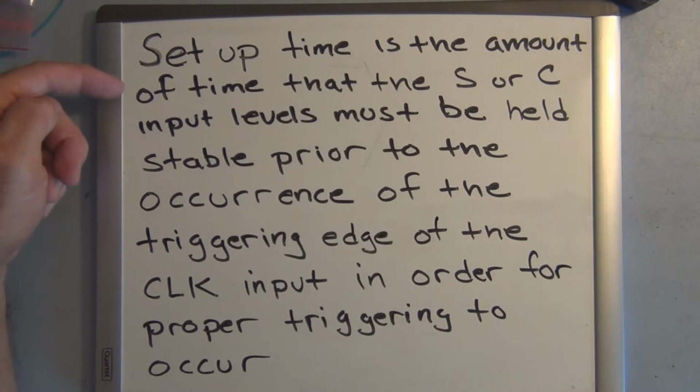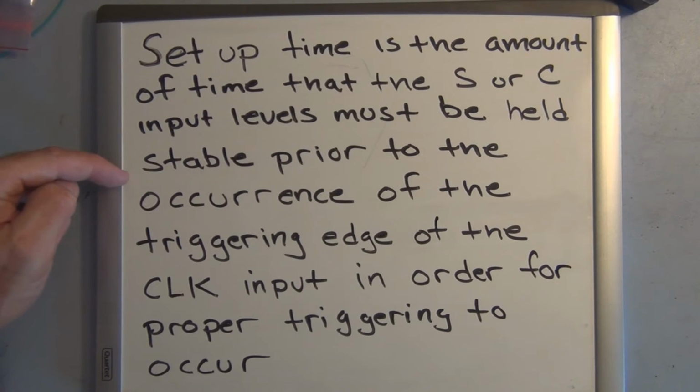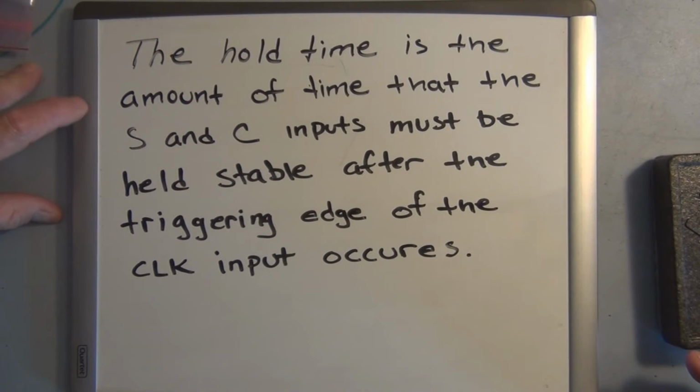So setup time is the amount of time that the set or the clear input levels must be held stable prior to the occurrence of the triggering edge of the clock input in order for proper triggering to occur. The hold time is the amount of time that the set and clear inputs must be held stable after the triggering edge of the clock input occurs.